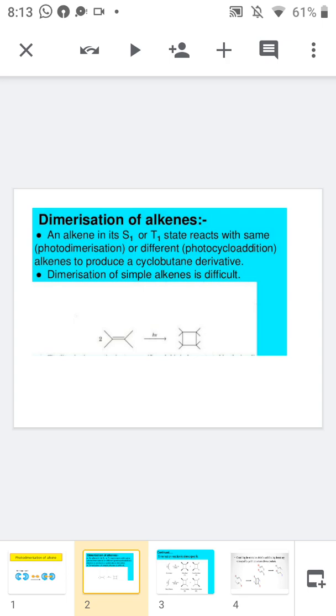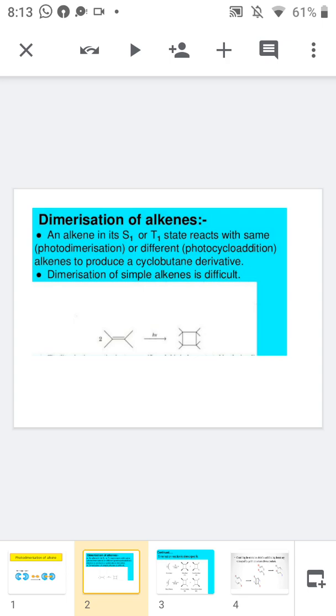Okay, and if both of them are ethene, then we will get cyclobutane, and if it is a substituted ethylene, we will get a substituted derivative of the cyclobutane.